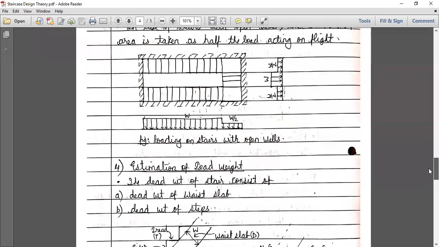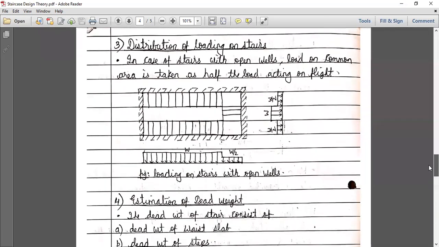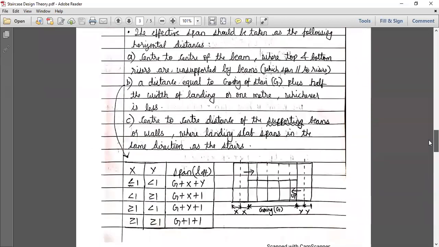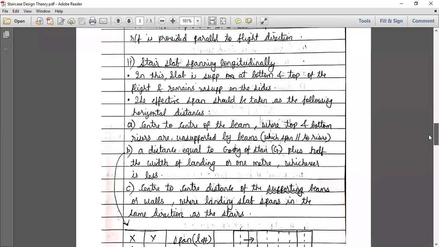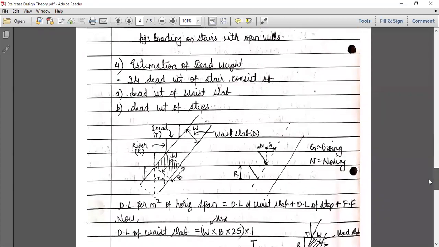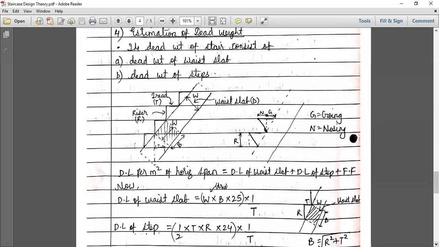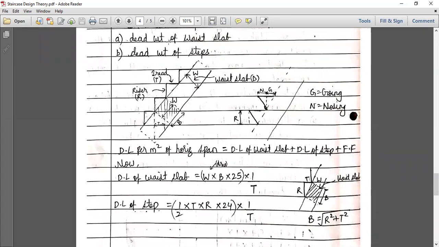So first you try to understand this. Just go through this once. I have put it in a way so that you understand with the help of the figures. If you understand this, then numericals will be easy for you. Is this clear, everyone?